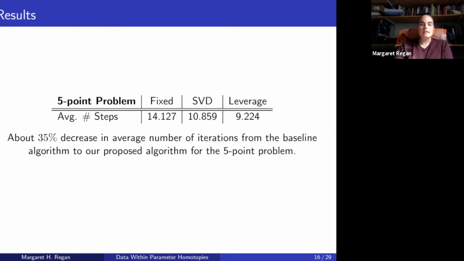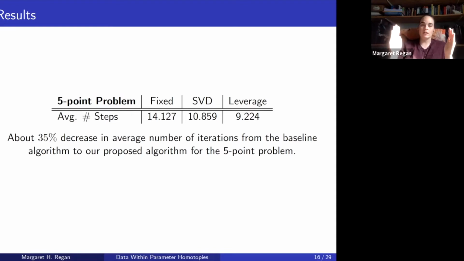The main point here is that if we use local path data along our homotopy continuation path, when we're deforming from solutions at our start system to solutions at our final system, we see a decrease of about 35% in the average number of iterations.